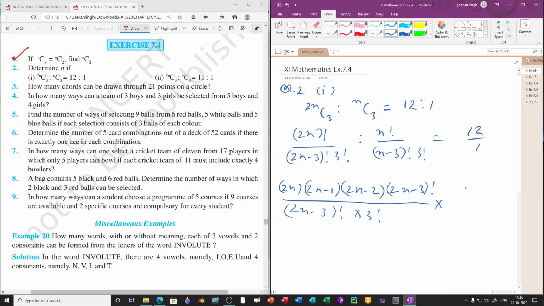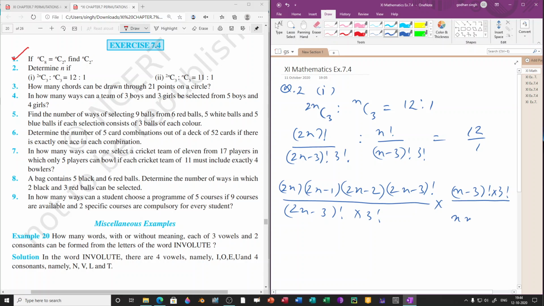into, now we will take the reciprocal of this, so it will become 3 factorial over, in the numerator, now whatever is here in the denominator will go in the numerator, and we will be getting here n minus 3 whole factorial into 3 factorial over n factorial. Now n factorial is bigger than n minus 3 factorial, so we will split it up.